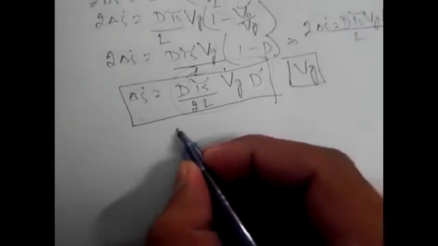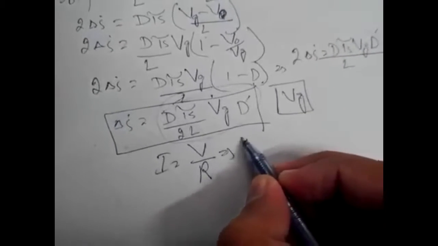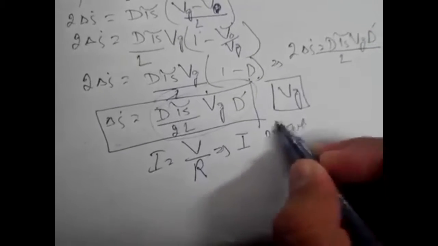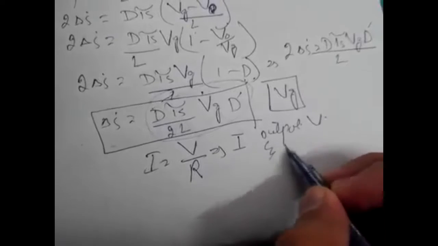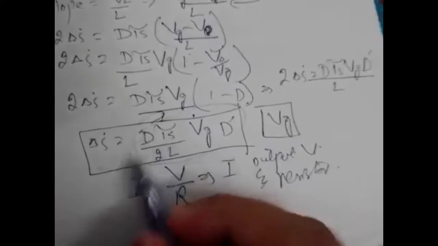So all the DC current flows in the resistor, so the DC current will be equal to V by R. From this equation you know that you can control the DC current by the output voltage and the resistor. If you minimize the resistor value, the DC current will become larger, and if you increase the resistance value, then the DC current will become smaller.